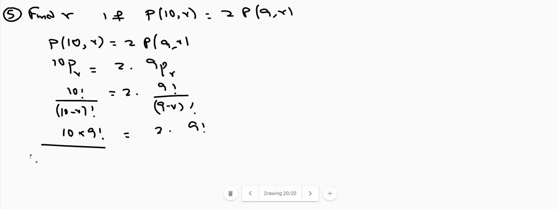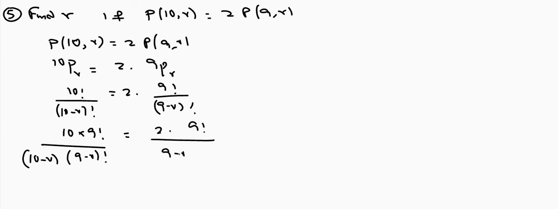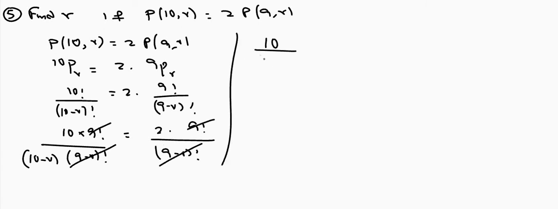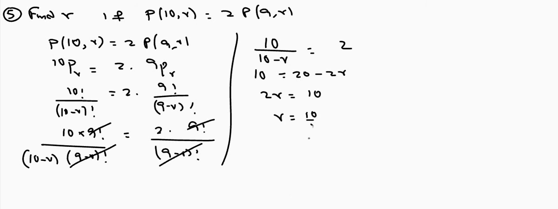Then you can write (10 minus r) into (9 minus r) factorial. Here also you have (9 minus r) factorial, so (9 minus r) factorial will get cancelled and 9 factorial will get cancelled. You have 10 divided by (10 minus r) is equal to 2, that is 10 is equal to 20 minus 2r. 2r is equal to 10, and you will get r is equal to 10 by 2, which is equal to 5.